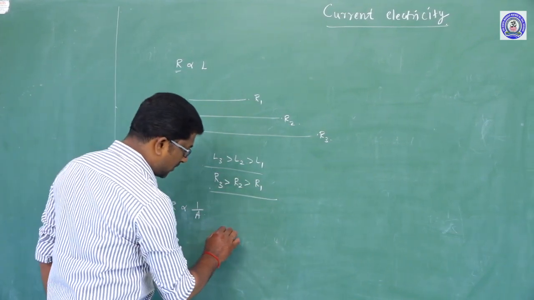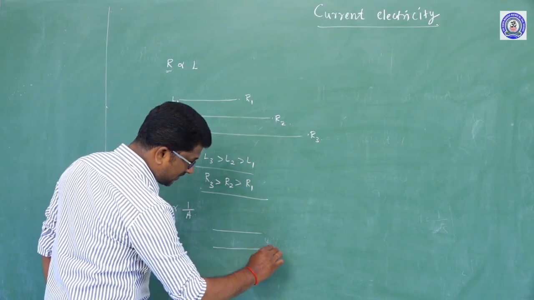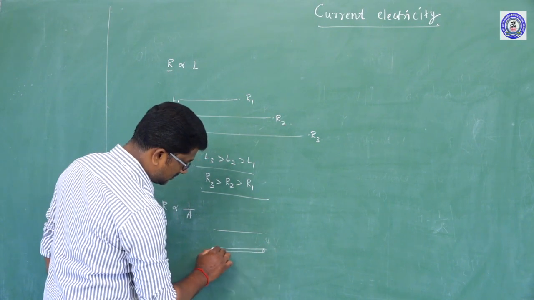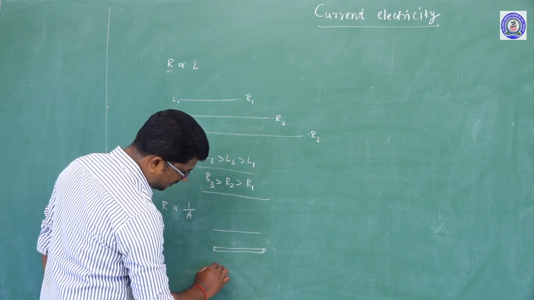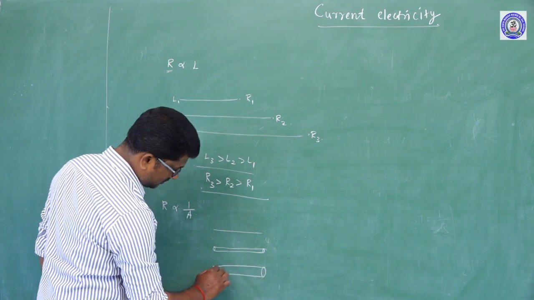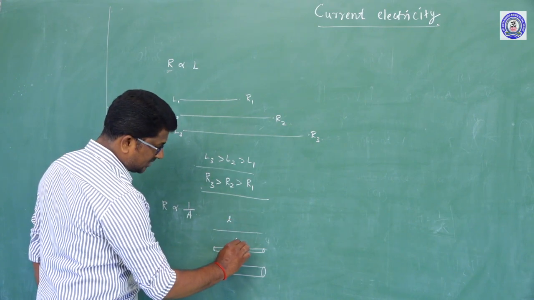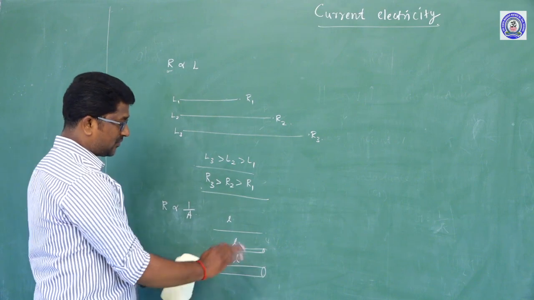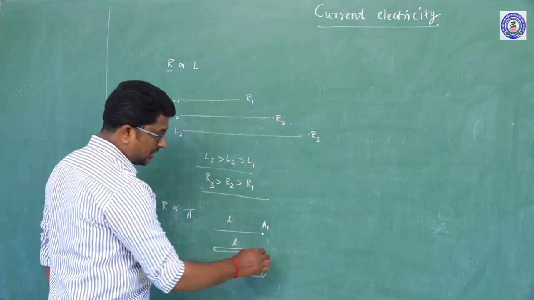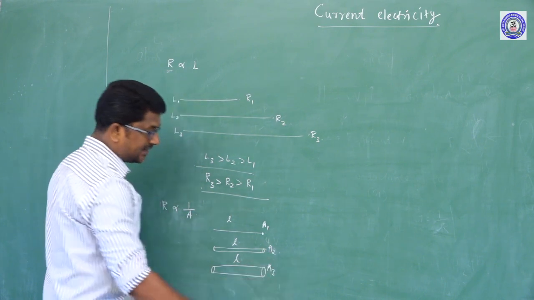For example, for a given length of wire having different areas of cross section, its length is L, length the same, but the area of cross section of this wire is, suppose, A1, and its area of cross section is A2, and its area of cross section is A3.